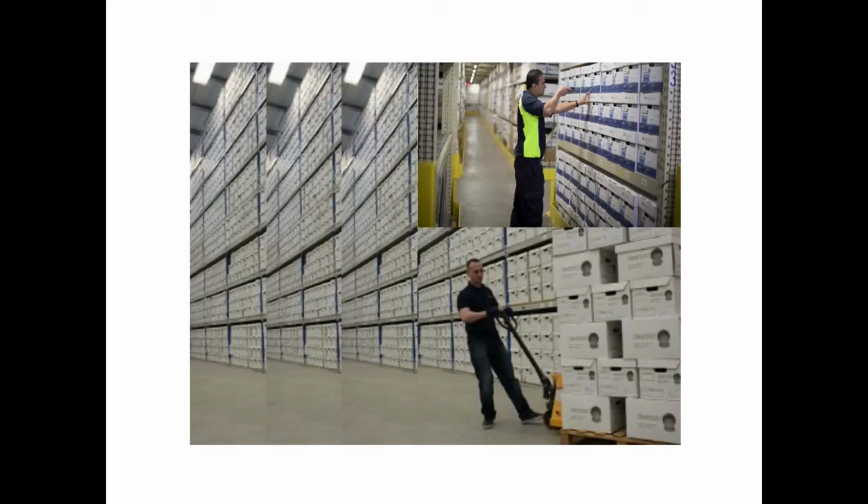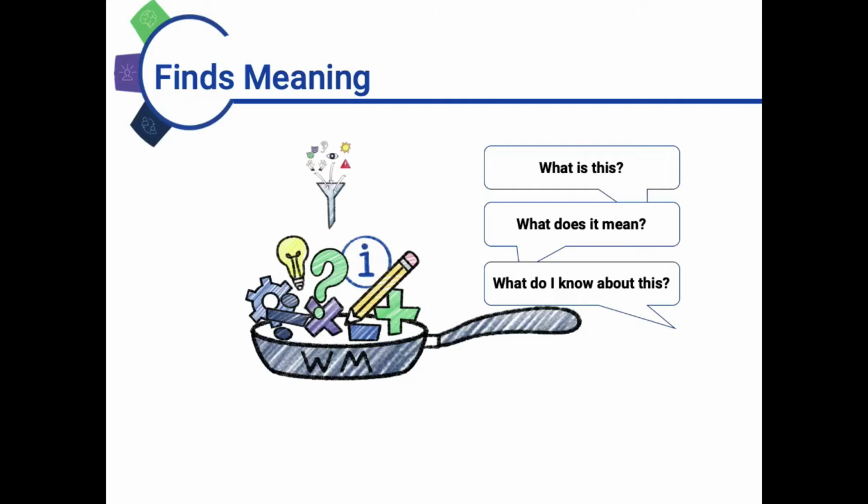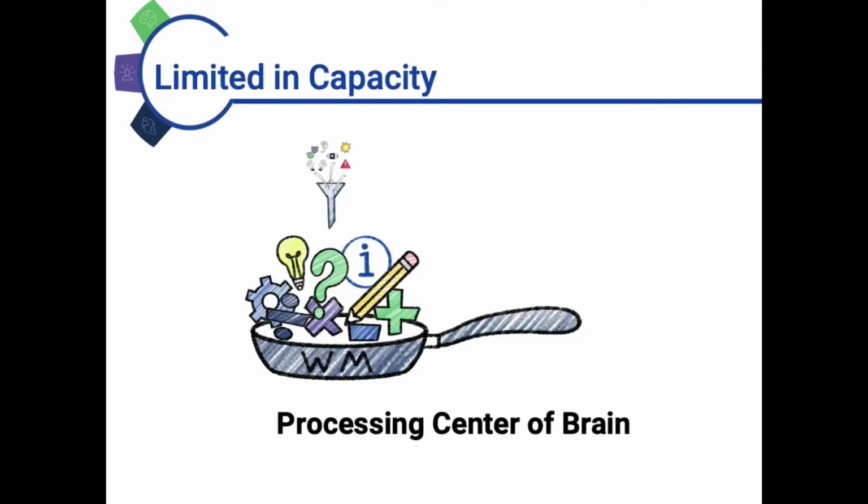All of those old, related storage files, plus the information that we're filtering in from attention, land in working memory. And this is where we find meaning. We use our stored information and that new incoming information to go, what is this? What does it mean? What do I know about this information? Now, working memory is limited, and by limited we mean it has a limited amount of capacity to process.